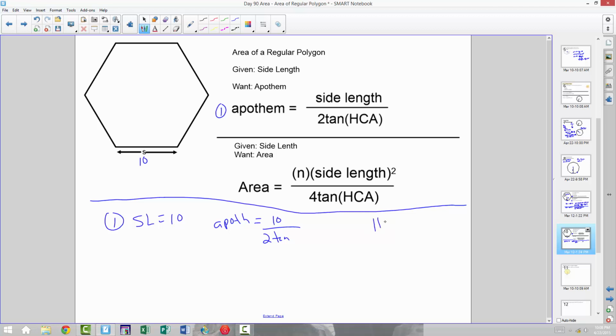The half central angle is 360 divided by 2n, so 360 divided by 2 times 6, which is 30. So tan of 30. When you do 10 divided by 2 tan of 30, you get 8.7.